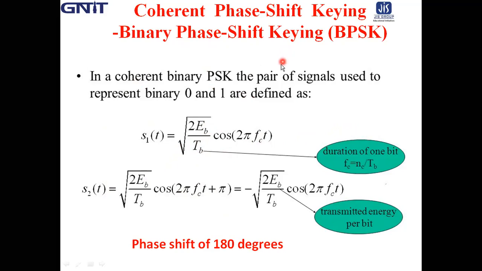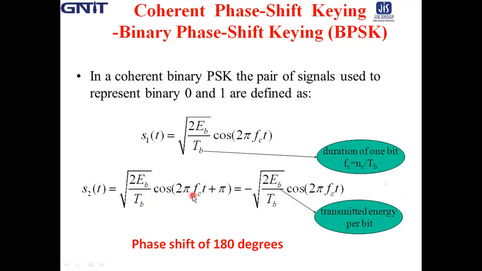That means whenever it shifts from 1 to 0 or 0 to 1, there will be a phase shift of 180 degree. So if S1(t) represents symbol 1, then for symbol 0, S2(t) equal to square root of 2EB by TB cos(2 pi FCT plus pi). So there is a phase shift by an amount of 180 degree.